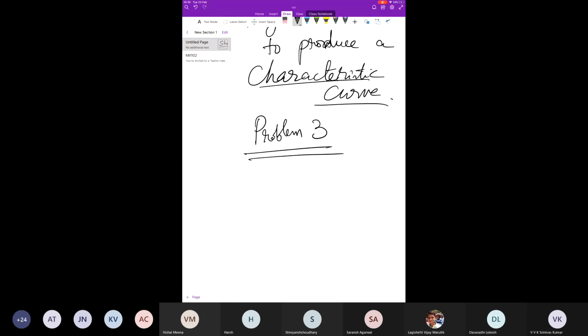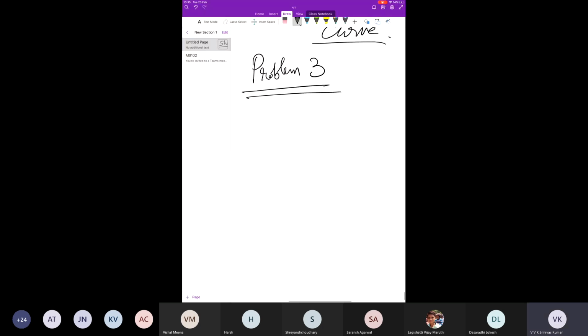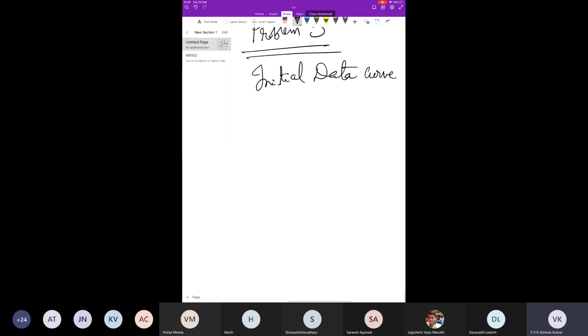Now come to problem 3. Always now come to the problems with the initial data curve. What was the method of characteristics?